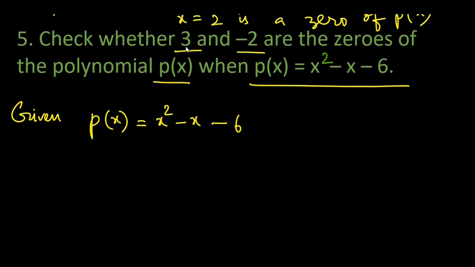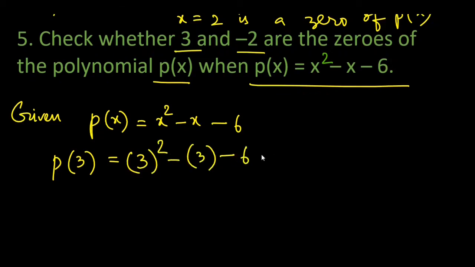Now let us check whether 3 is a 0 or not. Now find p of 3. P of 3 is equal to, now put 3 in place of x. 3 square minus 3 minus 6.